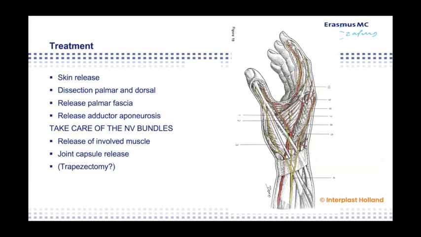So there's a lot of things to take care of. If I do, for instance, a hypoplastic thumb with an FDS4 opposition plasty in a type 3A or a type 2 hypoplastic thumb, I will do a skin release, and I will release the palmar and the dorsal fascia and the adductor aponeurosis.